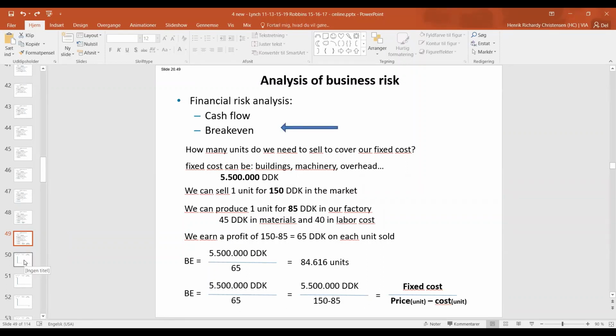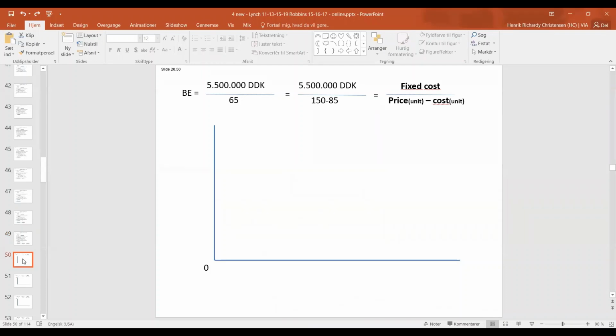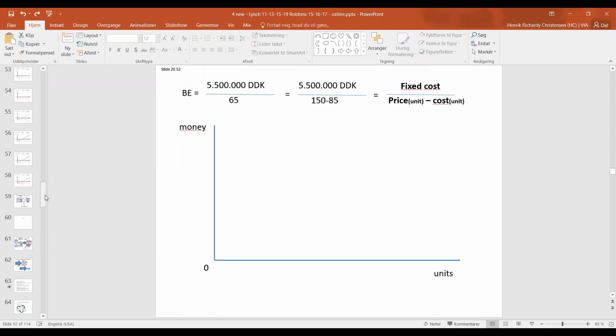Now, this about break-even and numbers, we can try to illustrate it in a graphic way. Up here, we have the same thing, because you will also see this graphic presentation. We have our money on the vertical axis, and we have units on the horizontal axis.